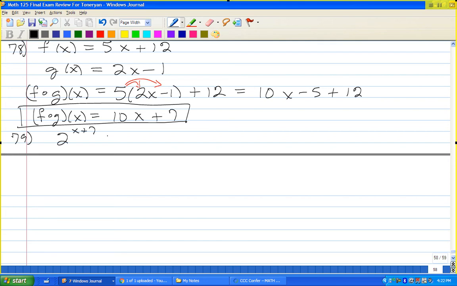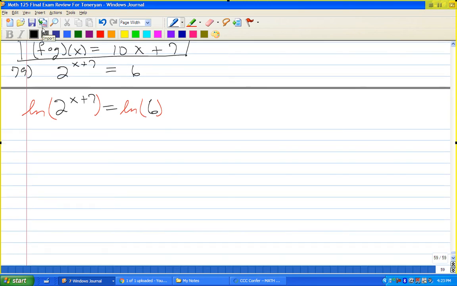2 to the x plus 7 equals 6. Solve the equation, give the exact solution. So, to solve this equation, let me take ln of both sides of my equation. By the property of the logarithm, I can bring the x plus 7 out in front of the logarithm.